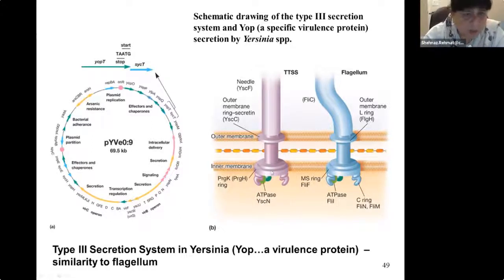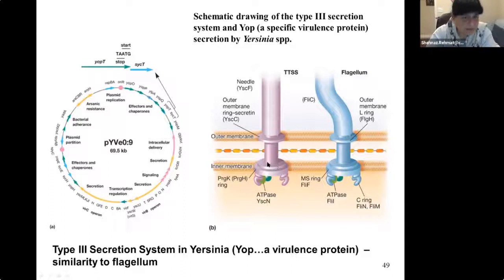So a similar structure has been modeled for the type 3 secretion system, where ATP is used for transporting the proteins in the Yersinia system, whilst in the flagellar rotation there is an ATPase involved, but the rotation of the flagellum also uses the proton motive force. It is when the proton motive force occurs that the flagellum will rotate, right? But the structural similarities are very much there.